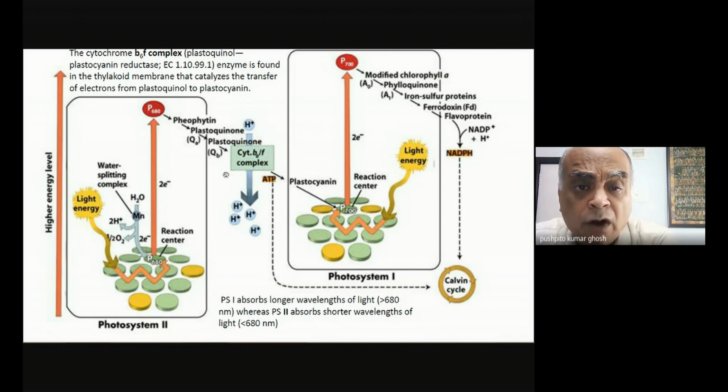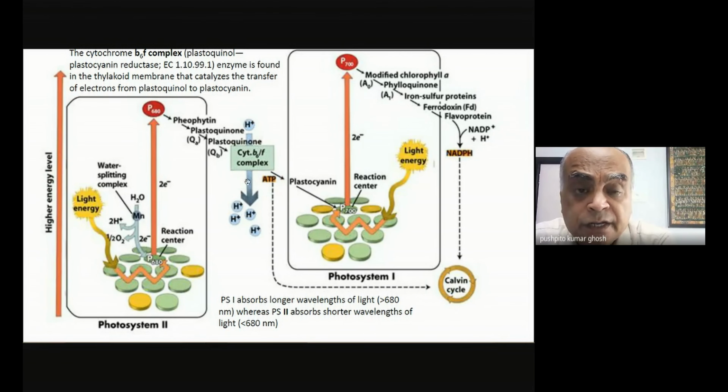And what happens here in photosystem 1? Same thing as here. It absorbs light, and the electrons go into the excited state. Now in this particular case, the electron which migrated from here only gave off its energy.